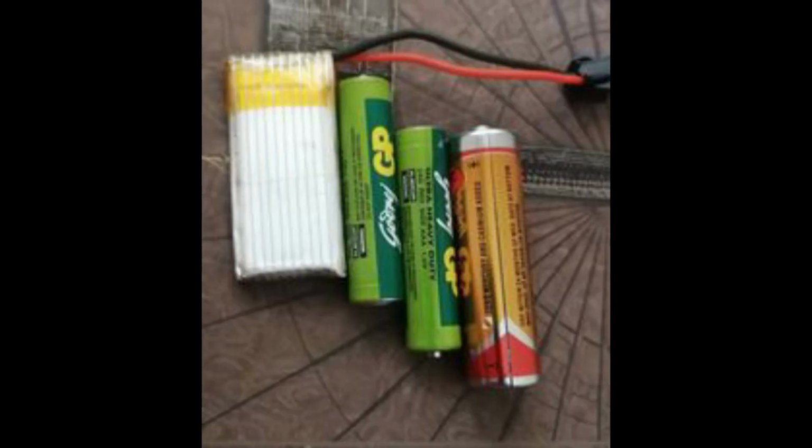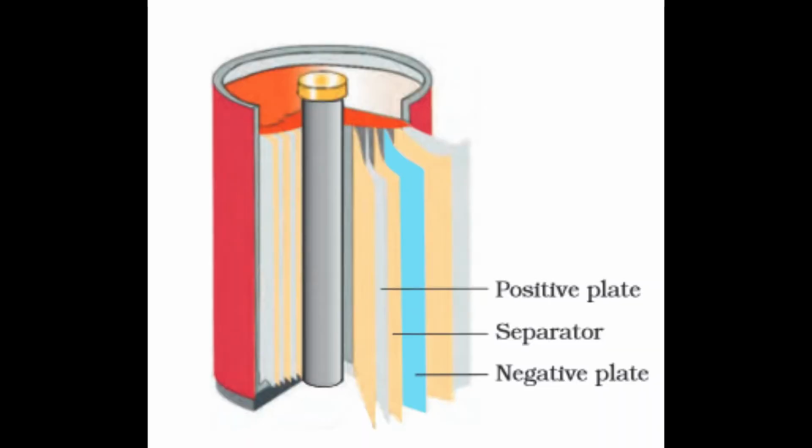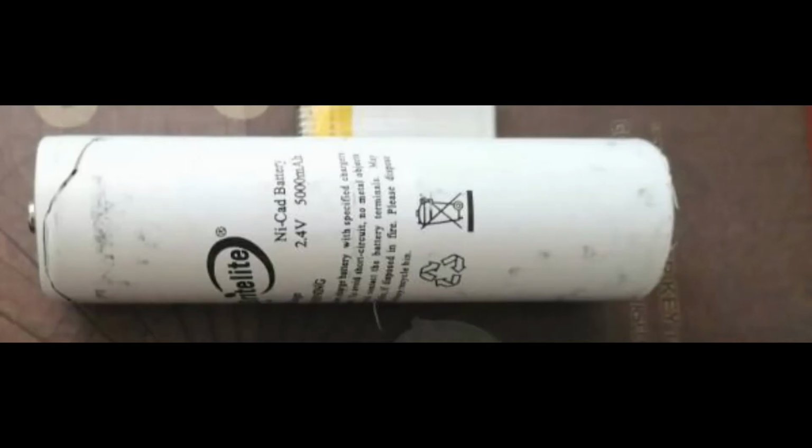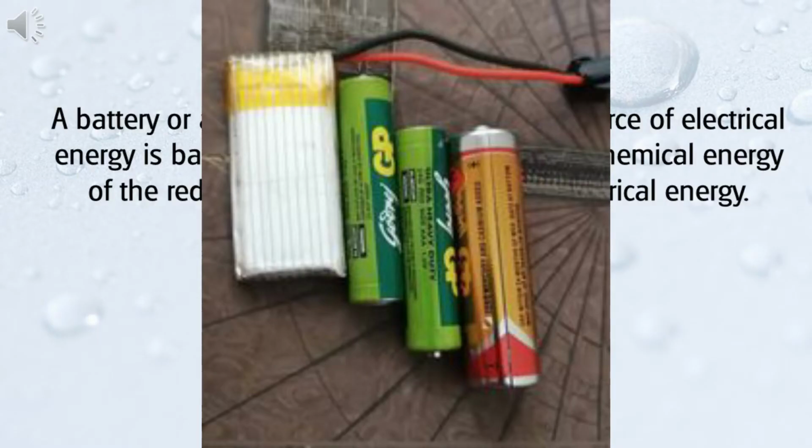One of the most important uses of galvanic cell is the generation of portable electrical energy devices, which is popularly known as batteries. An electrochemical cell which is used as a commercial cell must fulfill the following criteria.